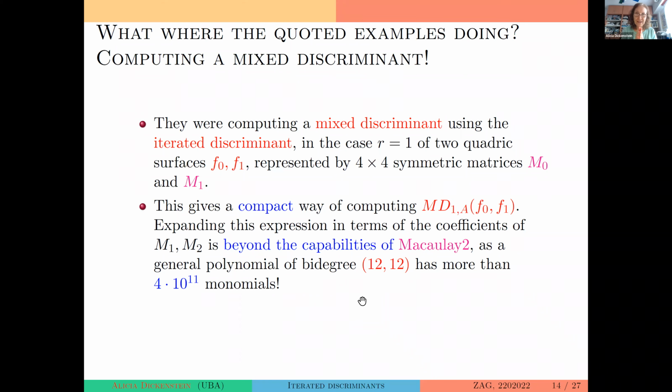It's huge because think that in general it's a polynomial of degree 12 in the coefficients of F0 and 12 in the coefficients of F1. And a general polynomial of this bidegree has that many monomials. It's really huge. So we have an easy and compact way of computing this interesting object.